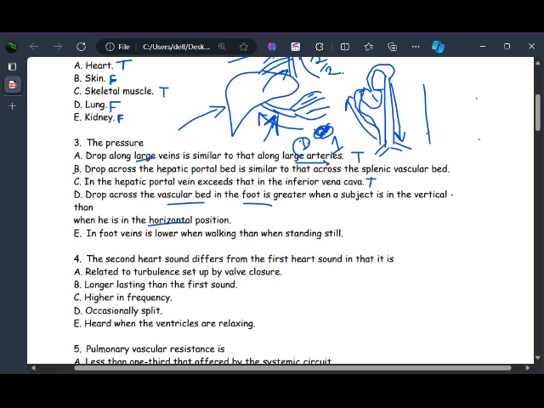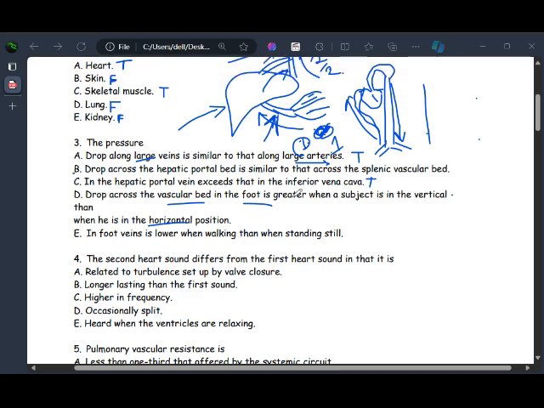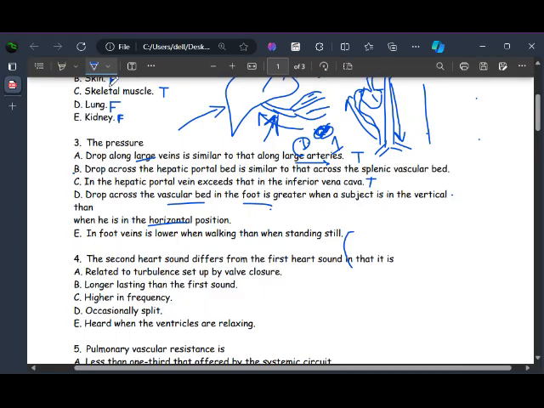All right. Last option E. It says the pressure in the foot veins is lower when walking than when standing still. So this option is actually true. Why? It basically has to do with the muscle pump.